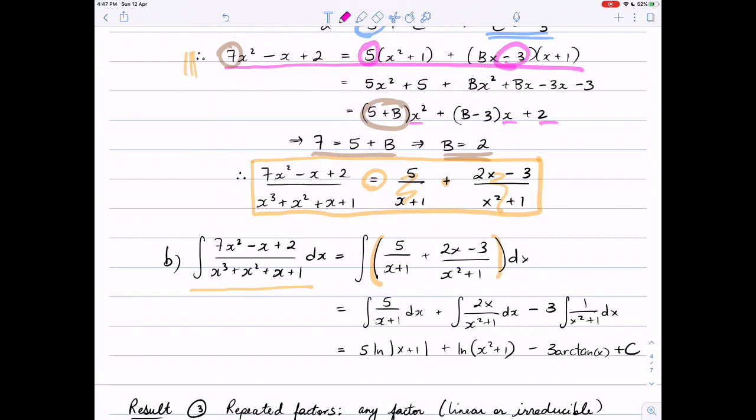This one here is done by a mini substitution, right? The idea would be to let u equal x plus 1. This one here is also done by a little substitution. You would let v equal x squared plus 1.